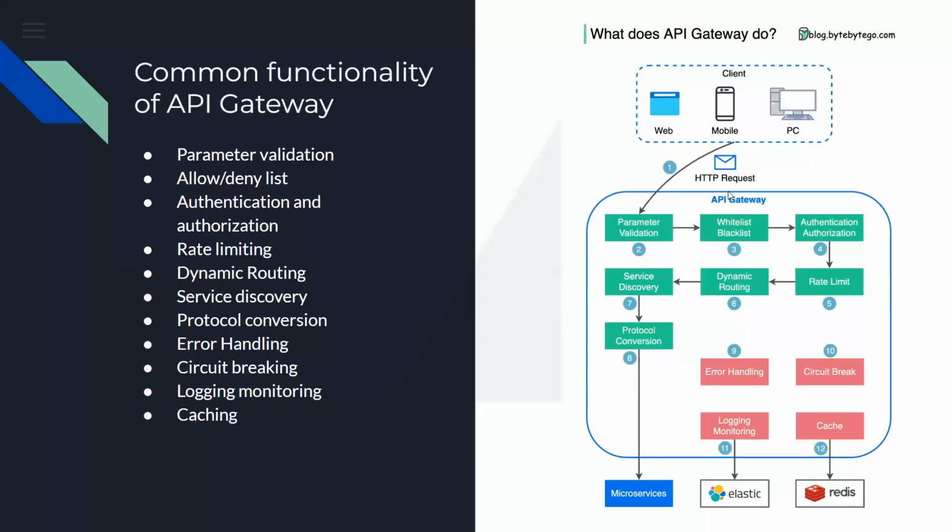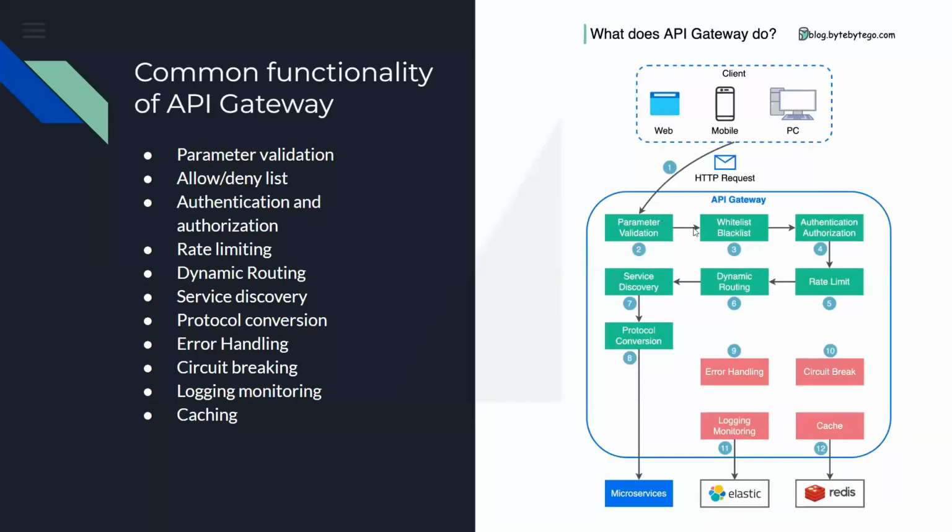This is the API gateway, this gate that we have, this square surrounding, and this is the functionalities it gives. So when this HTTP request comes, the first thing the API gateway does is validate the parameters. Okay, does this contain anything that is not required? Does the request contain valid parameters specified here?